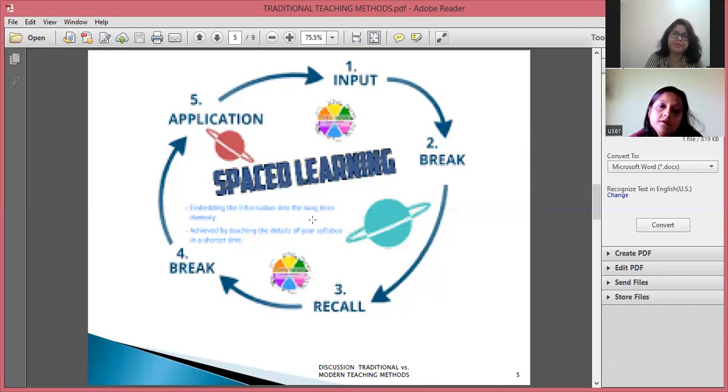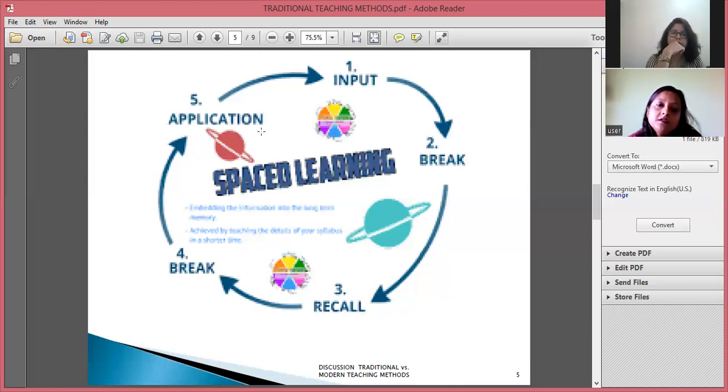For example, if we say that rivers come from mountains and mix in the ocean in the plain area, this is the input. Then a 2 to 10 minute break, and then I repeat it. Then another break is given.